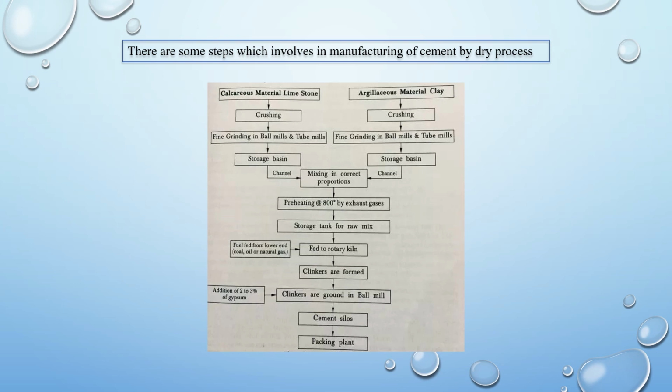So students, now we are going to discuss the raw material flow sheet diagram for the dry process. You can see that here is the limestone and here is clay. Students, both are crushed and fed into the fine grinding in ball mills or tube mills.